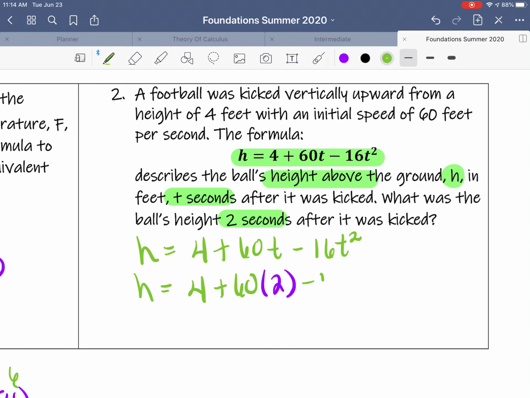I'm going to do it in a different color so you can see. And then we have to know our order of operations to simplify. Here are my groups. So I'm going to simplify my groups.